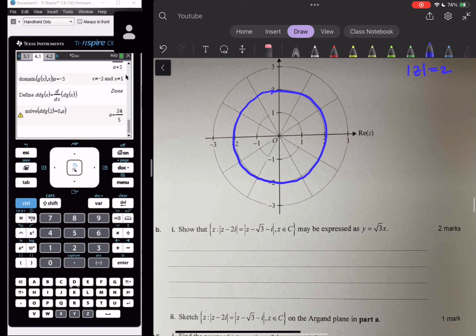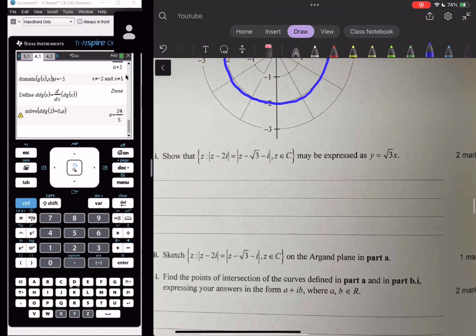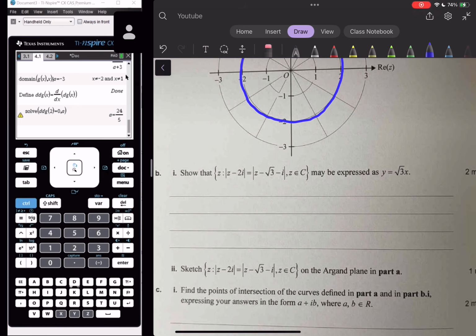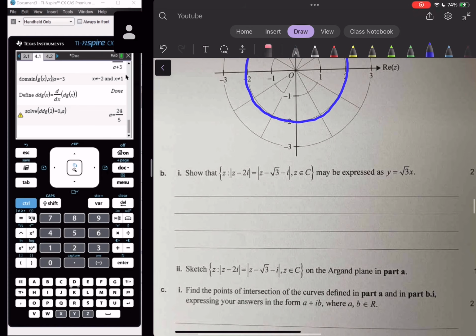Okay. We'll show that this is going to end up being a line here. This may be expressed as y equals √3x. So what we can do is take a look at the squares, and we can let z be equal to x plus iy.